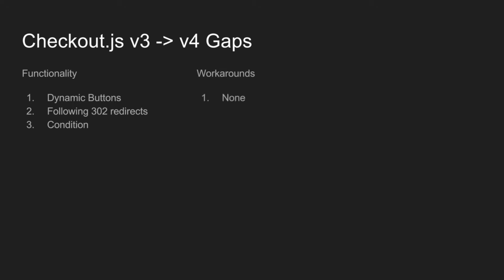So, a couple of workarounds. There's really none for dynamic buttons. You really have to call the render button multiple times. We saw a couple of examples in this training on how we can accomplish this.